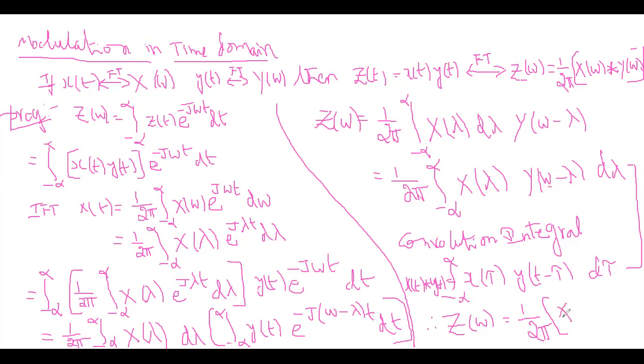So x of omega convolved with y of omega. But students, it is also a very important property: modulation in time domain. Understood?